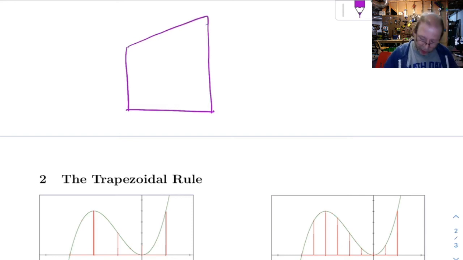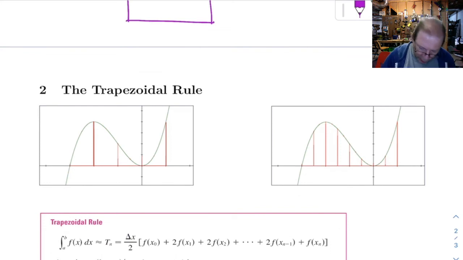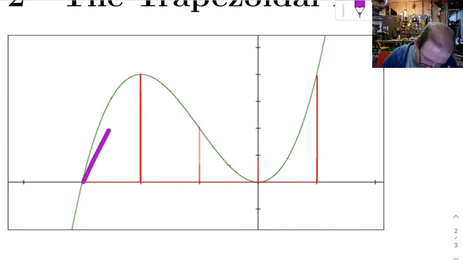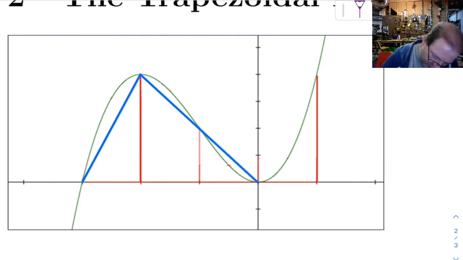The idea behind the trapezoidal rule is, instead of drawing in rectangles, draw in a straight line from here to here. If I draw a thin line from here to here, that one gives us a triangle, but this one over here gives us a trapezoid. And then this, and then this.